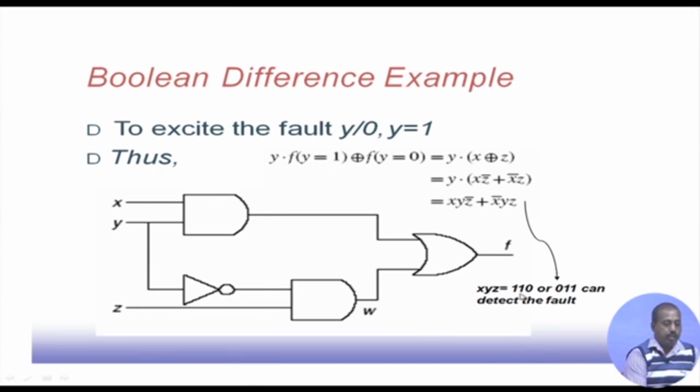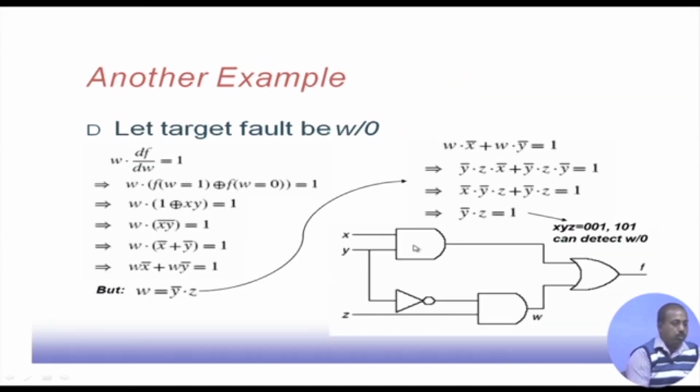So, it can detect that y stuck at 0 fault by the first test pattern. If you just try for the next one also, you will see that it is able to detect this particular fault y stuck at 0. So, there is a more detailed example here. In this particular circuit, suppose we are trying to check for this particular fault w stuck at 0. Previously y that we had taken was a primary input. In this case, w is an internal line of the circuit.